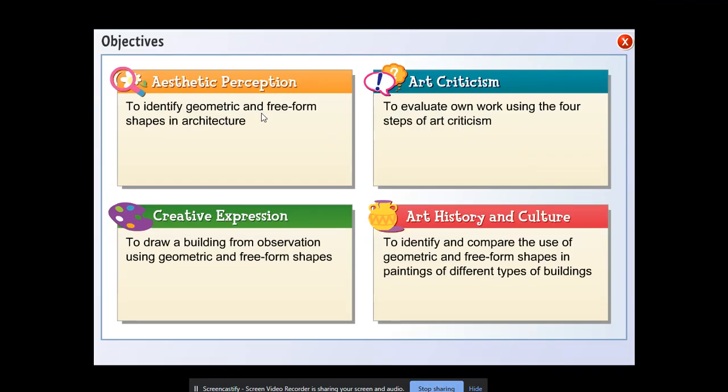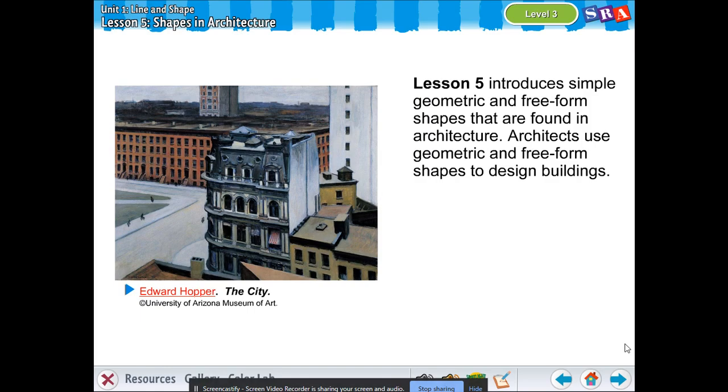Okay, so in this lesson, you're going to learn how to identify geometric and freeform shapes in buildings in architecture design. For creative expression, you can draw a building from observation using geometric and freeform shapes. And for art, history, and culture, you're going to identify and compare the use of geometric and freeform shapes in paintings of different types of buildings by two different artists.